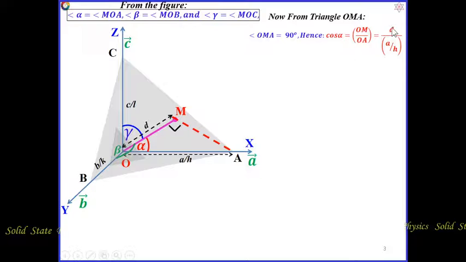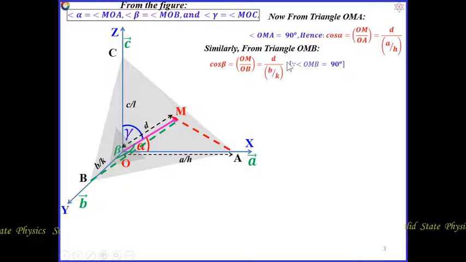OM is d, and OA is the intercept, a by h. Likewise, similarly, we consider BM and the corresponding triangle OMB.